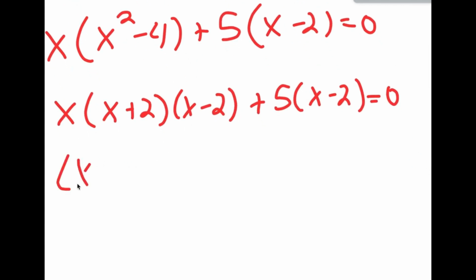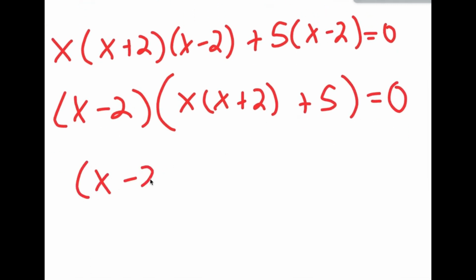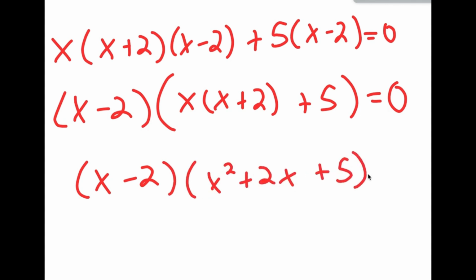Now from here, I can factor out x minus 2, so I get x minus 2 times x plus 2 times x plus 5, which simplifies to x minus 2 times x squared plus 2x plus 5 is equal to 0.